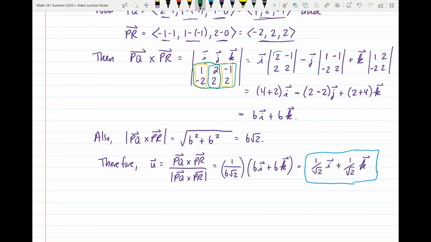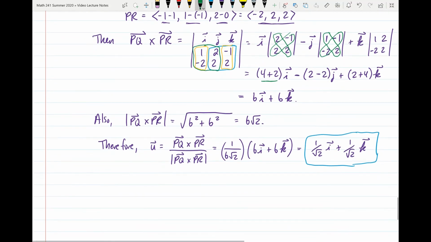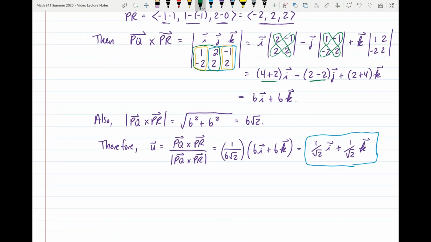So we have 2 times 2 minus 2 times negative 1 for the determinant of that matrix. That'll give us a 4 plus 2. For the determinant of the second matrix, we have 1 times 2 minus negative 1 times negative 2. And that'll give us a 2 minus 2.